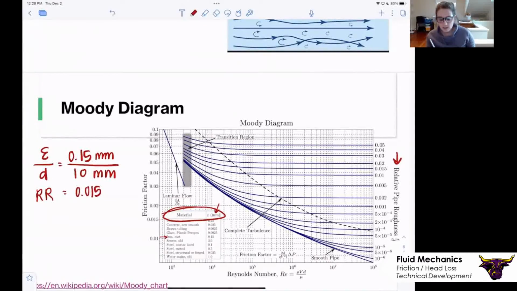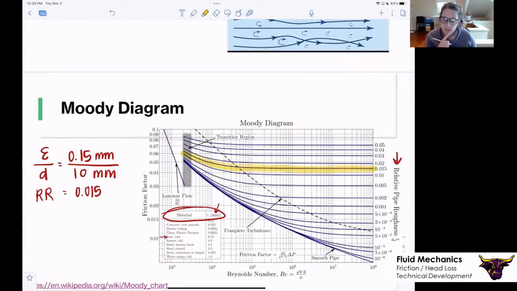So on the Moody diagram, we're going to come over here to 0.015, and we are going to follow, in this case, a blue line, but if you get a black and white graph, it'll probably be black. We're going to follow the curve right here. And the reason we follow that curve is because that is going to give us our friction factor.